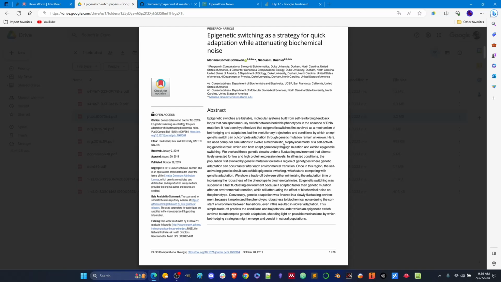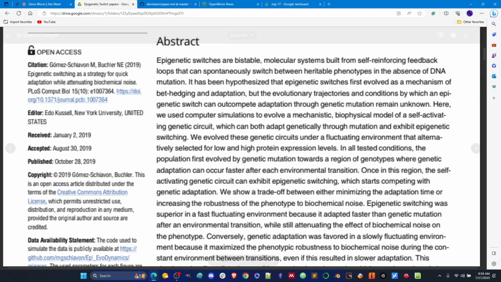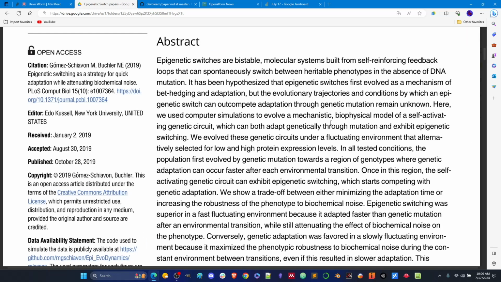They talk about this in terms of environmental noise. If you have a fluctuating environment, it can potentially push cells around to different states. If you attenuate that noise, you have a better chance of keeping it in that state.